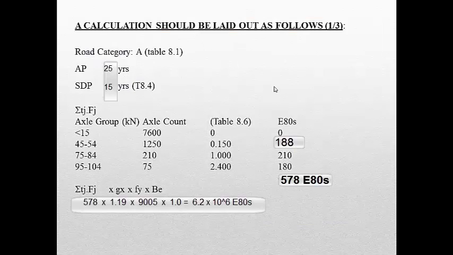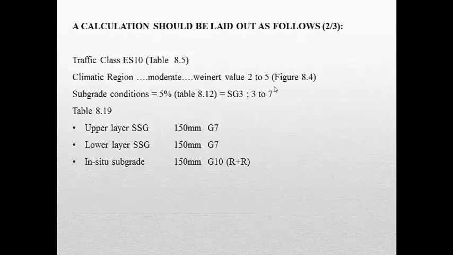Over the next 3 slides, you are presented with a desirable layout for your calculation. We will start with identifying road category, analysis period, structural design period. Then we will compute the cumulative daily traffic, known as E80s, and then proceed to calculate the design load or bearing capacity for the analysis period of the pavement.